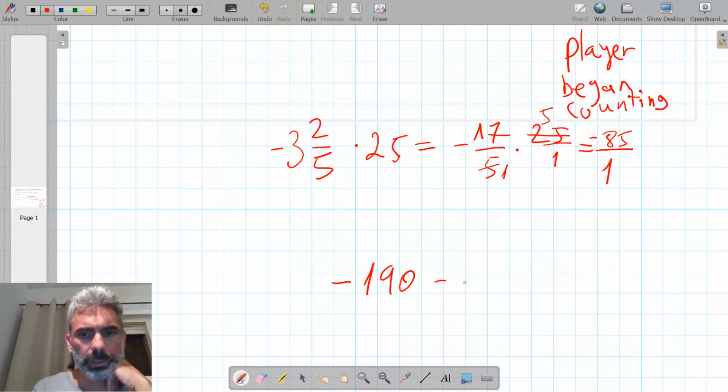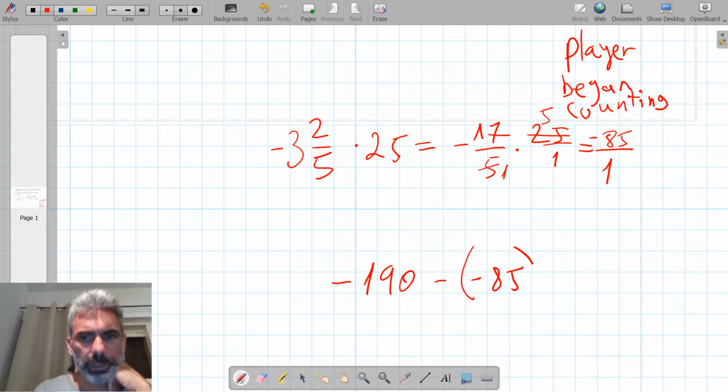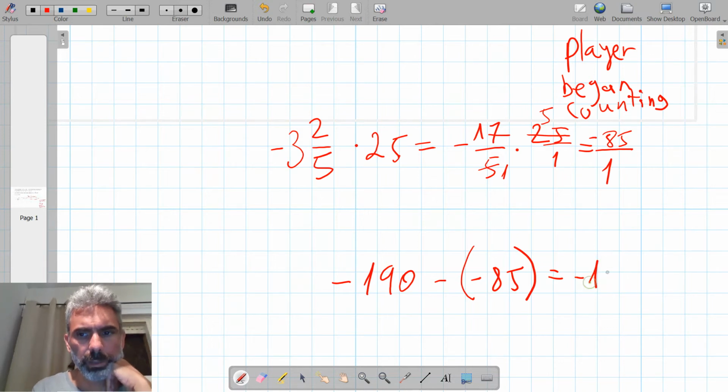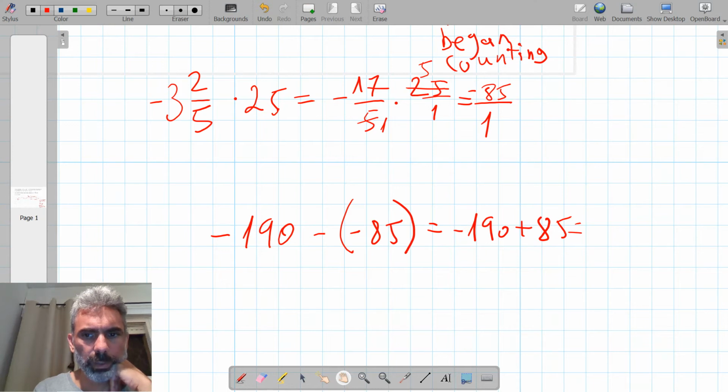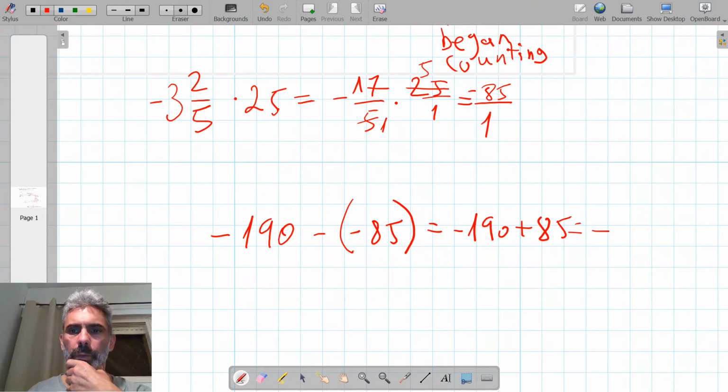-190 minus -85 is the same thing as -190 plus 85. And since one is negative, one is positive, the result will be negative, because 190 is a bigger number, and the result is the difference between the two. And the result is 105.